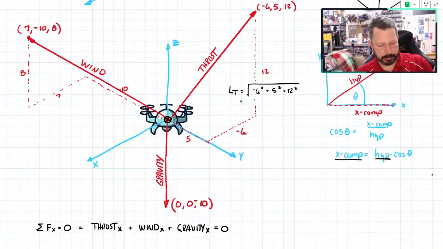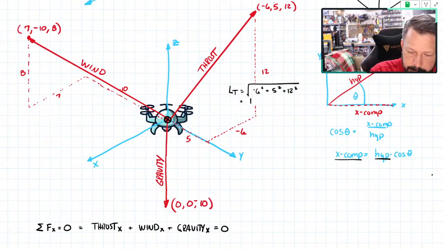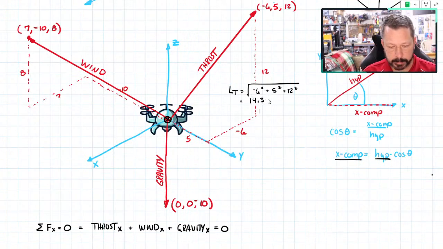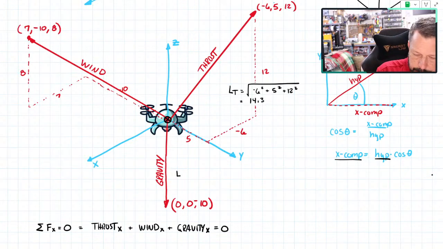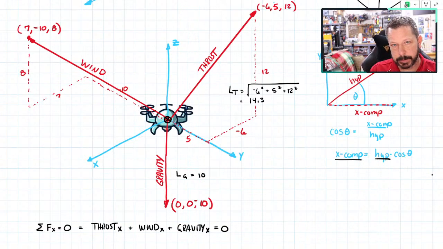I've got my calculator over here to do that. 6 squared plus 5 squared plus 12 squared is 205. The square root of that is 14.317, so I'll just call it 14.3. Let's do that for all of them. The length for gravity is just 10. We don't even have to do anything: it's 0 squared plus 0 squared plus 10 squared, and the square root is 10.